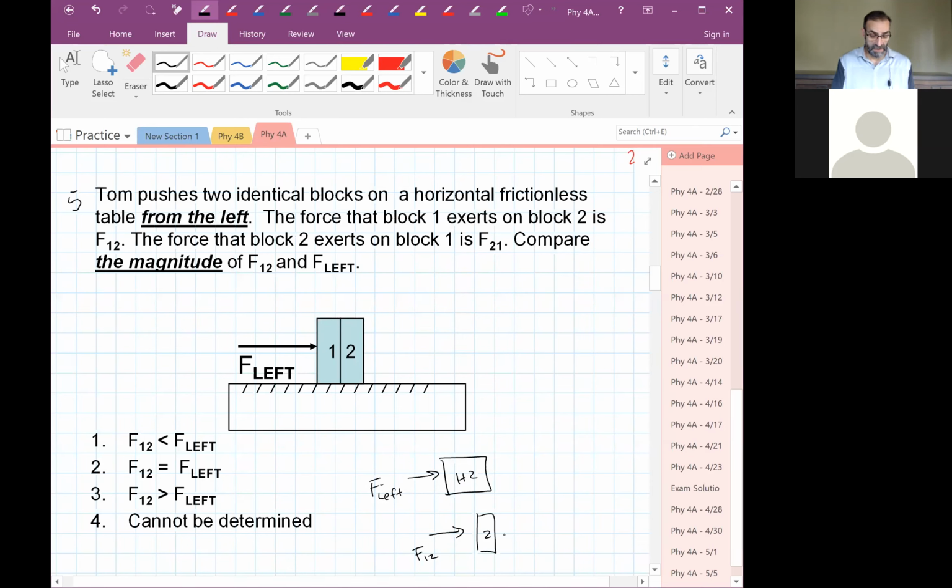That's the situation, right? The force from block 1 on block 2 is causing block 2 to accelerate to the right. If the accelerations are the same, they are, right? Block 1 and 2 move together.